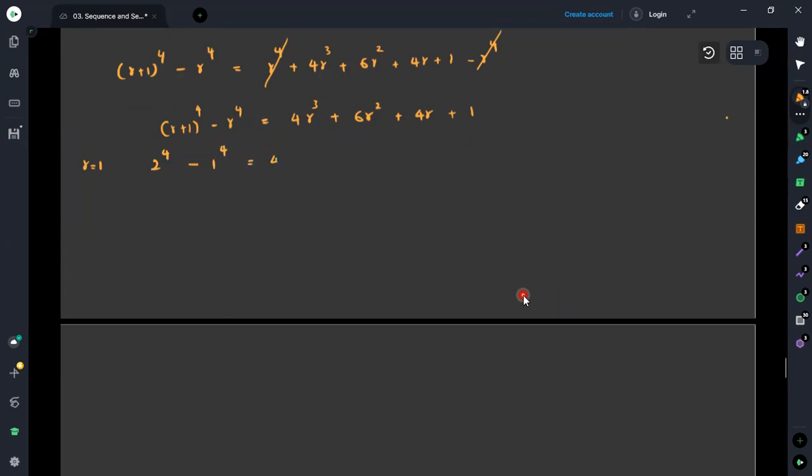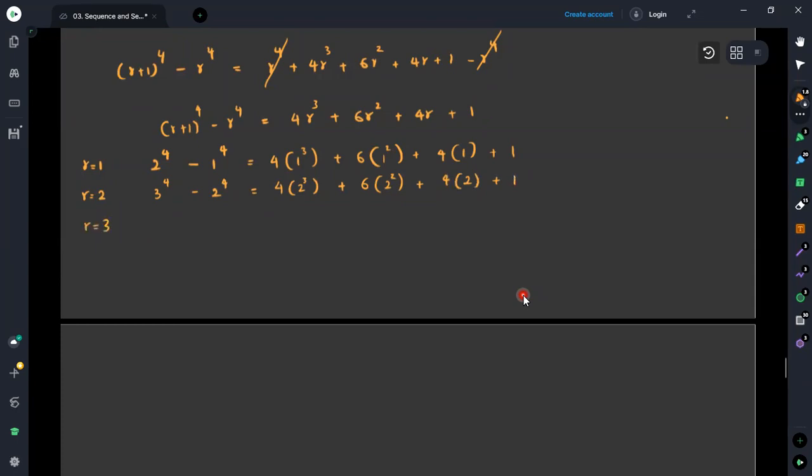Then here it is 4 times 1 to the power 3 plus 6 times 1 squared plus 4 times 1 plus 1. Then r equals 2: 2 plus 1 to the power 4, that is 3 to the power 4, minus 2 to the power 4 equals 4 times 2 cubed plus 6 times 2 squared plus 4 times 2 plus 1.